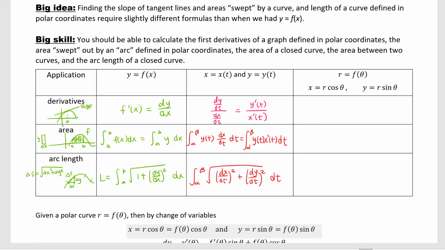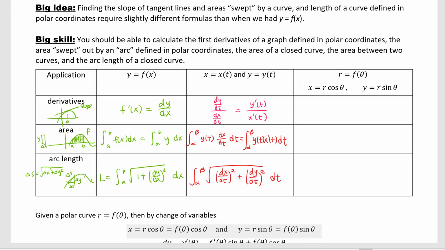And then in session 10.1, when we learned about parametric equations, we have the formulas associated with it. Because x and y are functions of t, the derivative is y prime of t over x prime of t.